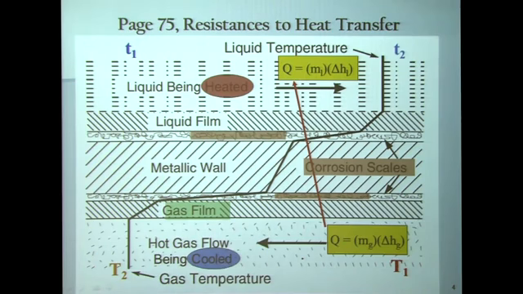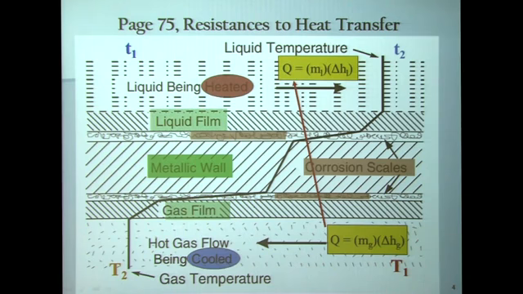There is also a big resistance offered because of corrosion scale and buildup on the pipe walls. This corrosion scale or fouling creates a very large resistance to heat transfer, as can be seen by this very small sloping curve over here.